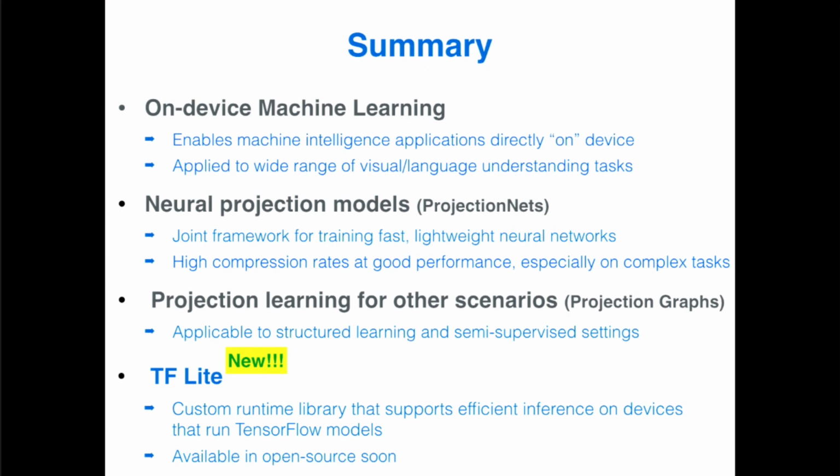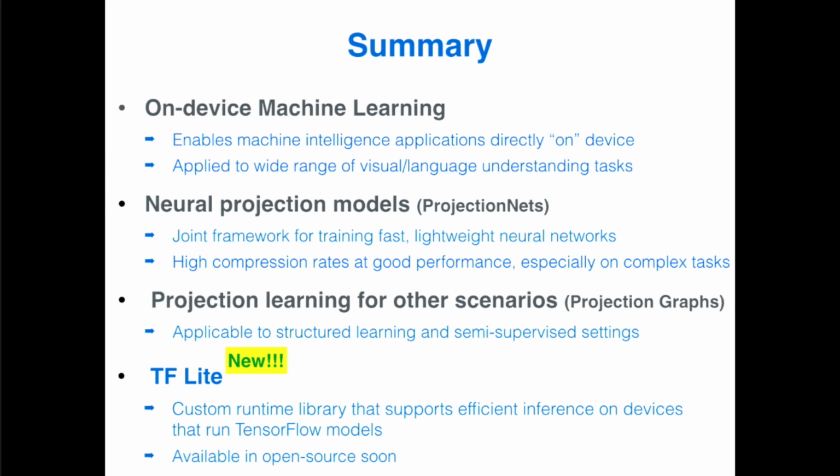To summarize, I think we all understand that on-device machine learning is interesting and important. It might also be useful to think about the theoretical and research implications. Should we think about better and more efficient techniques, generalizable algorithms that not only apply to on-device settings, but also help us think about efficient models on the cloud?